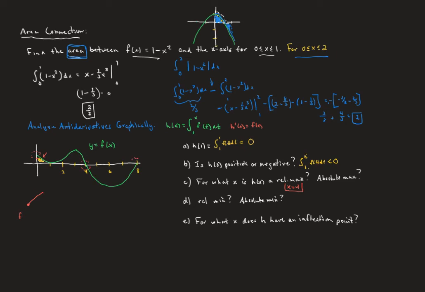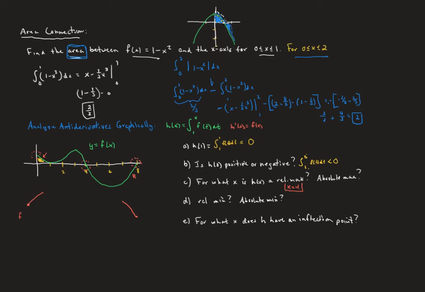And likewise at 8, the derivative to the left here is negative. So at that endpoint at 8, the function is going to be decreasing. So that is going to make those endpoints be relative minima, but not relative maxima.